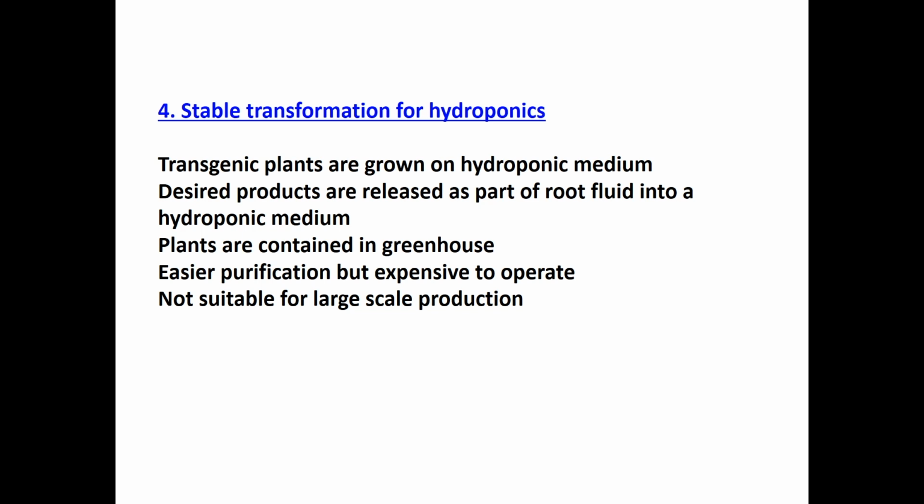The proteins are circulated in the root system, and from that hydroponic solution we can easily purify the protein, which is less expensive. This is not suitable for large-scale production because hydroponics itself is expensive, but it is highly suitable for small-scale production.